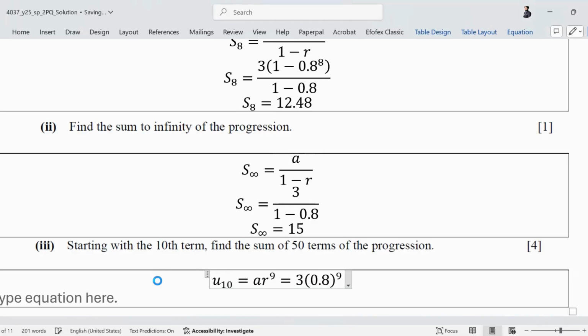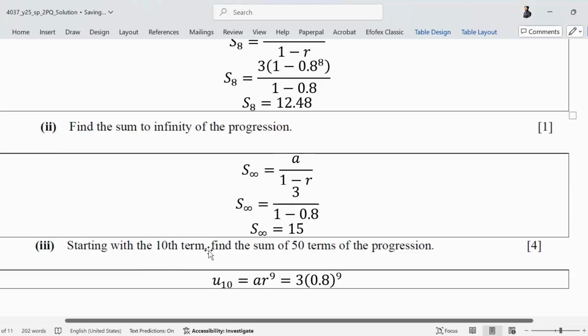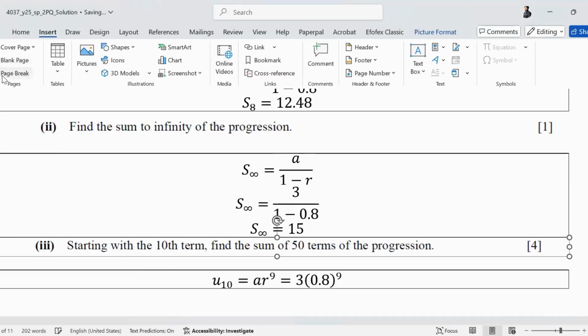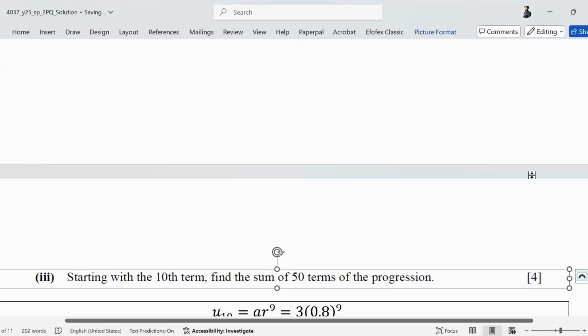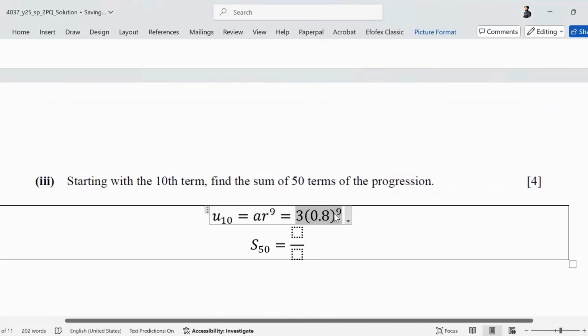This will become my first term, and I need to find S50. In place of my first term, I will write this value.